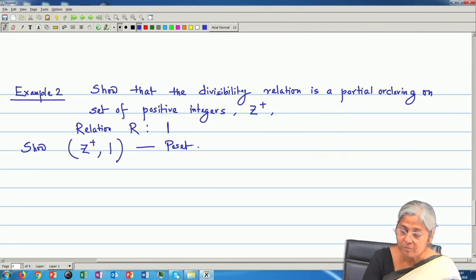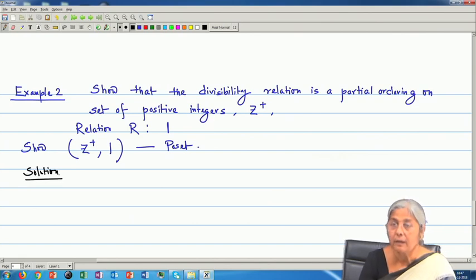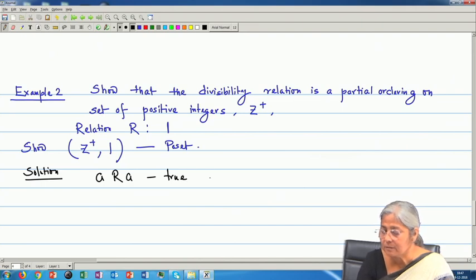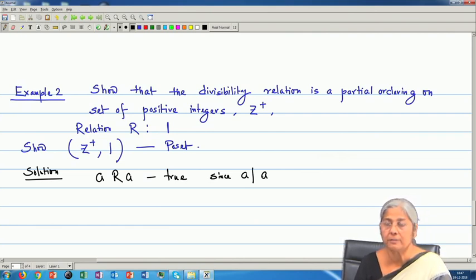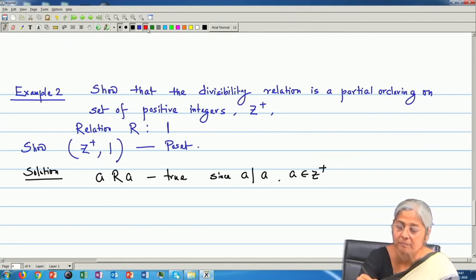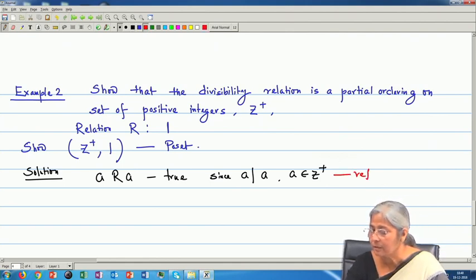Now, first we see reflexive. A R A is always true, since A divides A, where A is a positive integer, A belongs to Z plus. So it is reflexive.